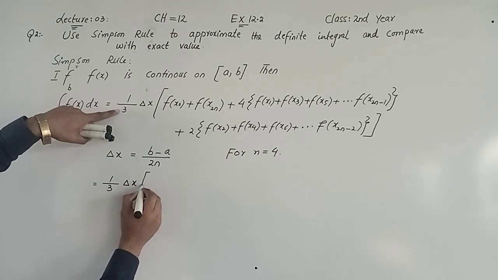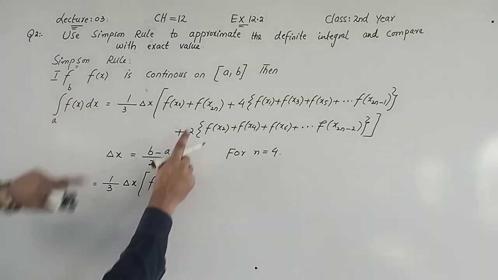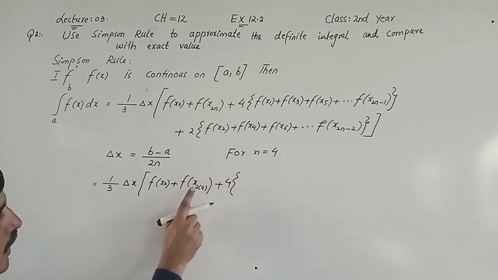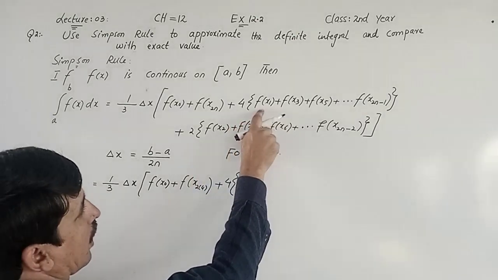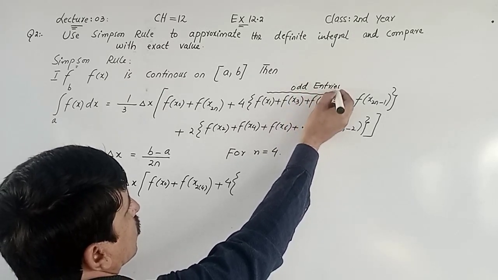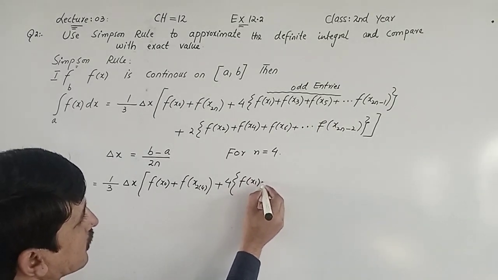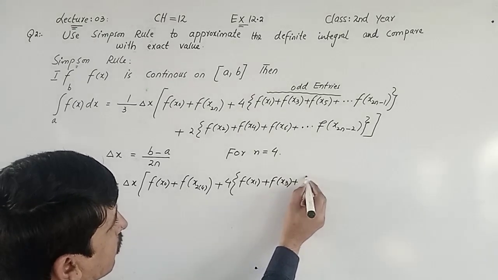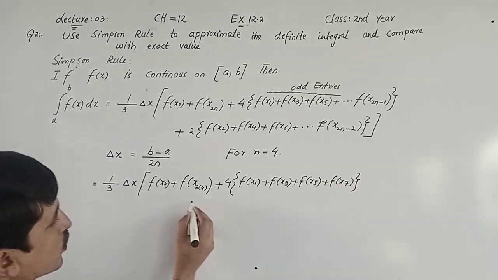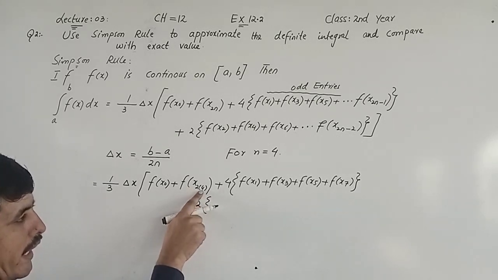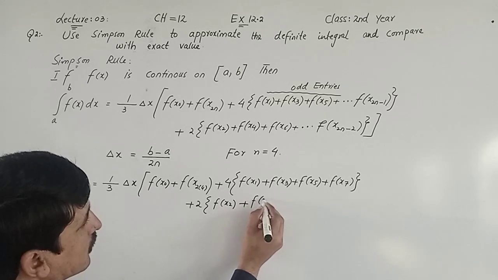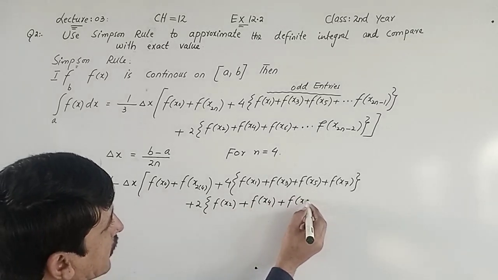del x f of x naught plus f of x2 into 4 plus 4 times of तो ये आ जाएगा 2 4 का 8. तो ये आ जाएगा 8 एंट्रीज. तो ये आ जाएगा 7 तक. तो f of x1 plus f of x3 plus f of x5 plus f of x7 plus 2 times of 2 4 का 8. तो 8 यहाँ पे आ जाएगा 6 तक. तो f of x2 plus f of x4 plus f of x6.